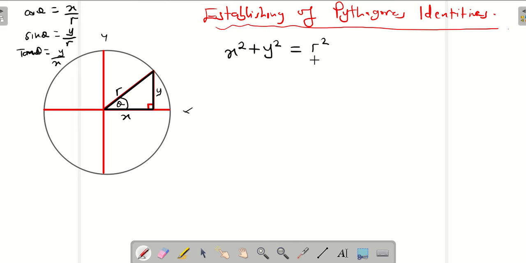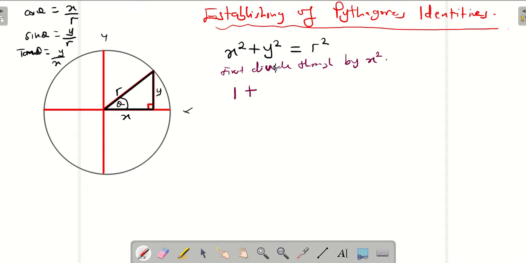Now, coming back to the Pythagorean identity, we can first divide through by x squared. When we divide through by x squared, x squared divided by x squared will give me 1.